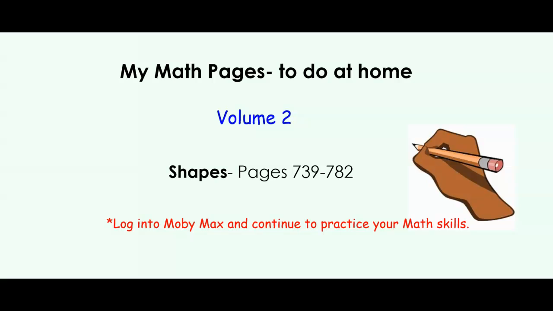So today, please complete a page or 2 from that group of pages. After that, log into MobyMax using Mrs. Hefner's blog. Click on the link that says MobyMax. And if you've forgotten your password and username, look on the back of your yellow homework folder, and all of your passwords and usernames are there.